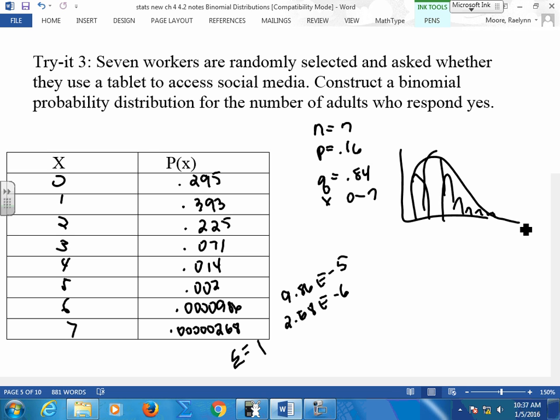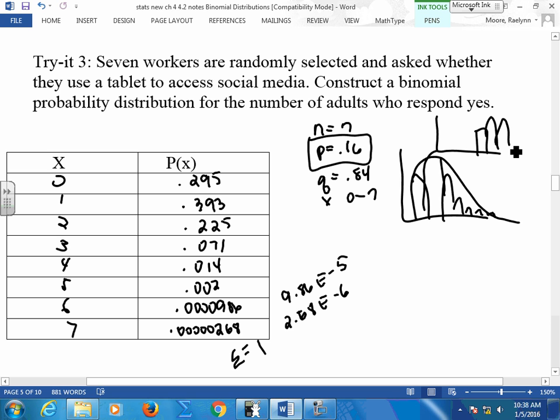Binomial distributions can be skewed. We see the skew. If the probability of success, here's my probability of success, is greater than 0.5, greater than 50%, my skew is going to be to the left. In other words, my bigger bars would be here because my probabilities are better, right? For success, if it's greater than 0.5, it would go this way.